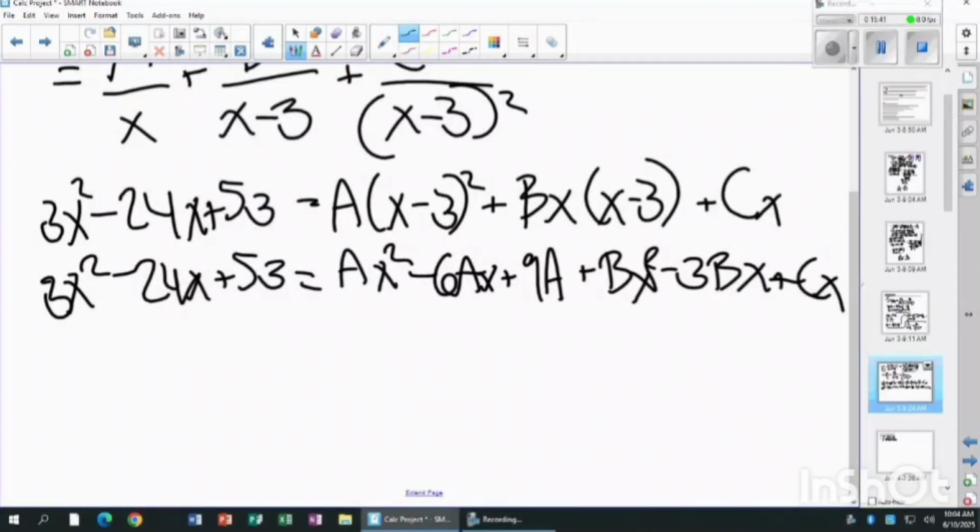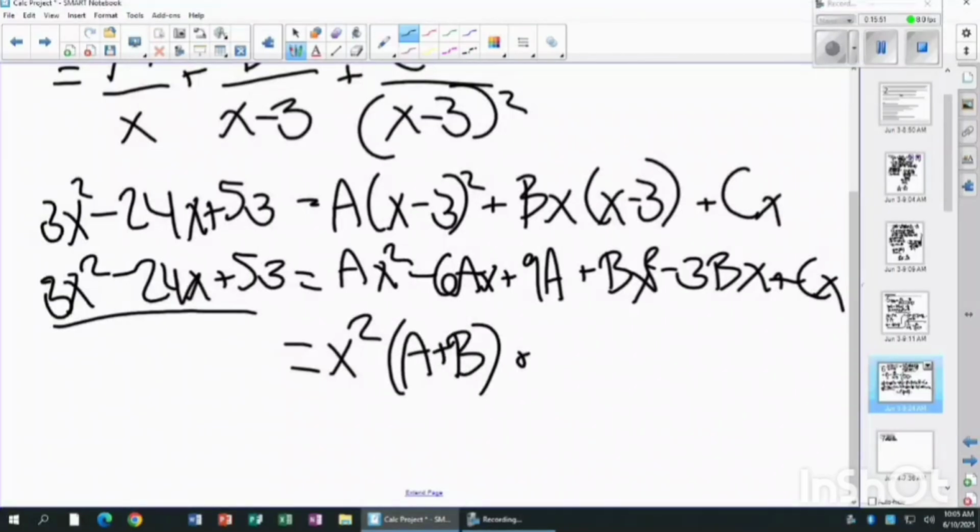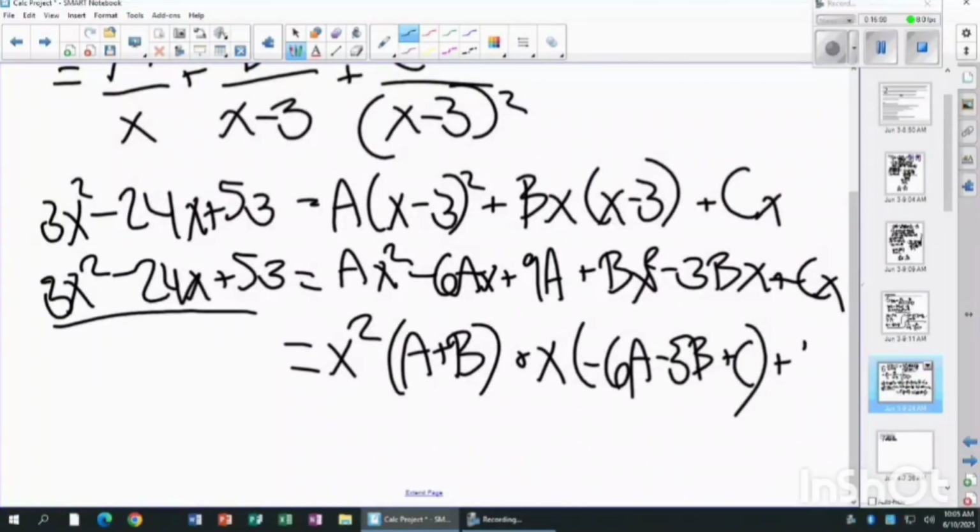So now let's group in terms of x. Okay, this is always going to be right. So equals x squared times a plus b plus x times negative 6a minus 3b plus c plus 9a.